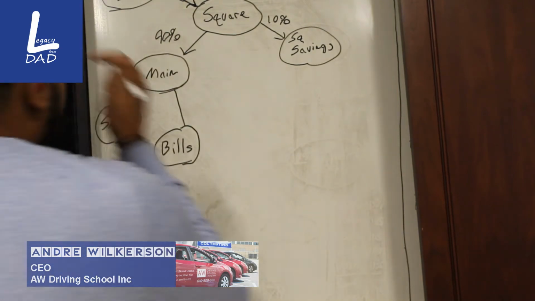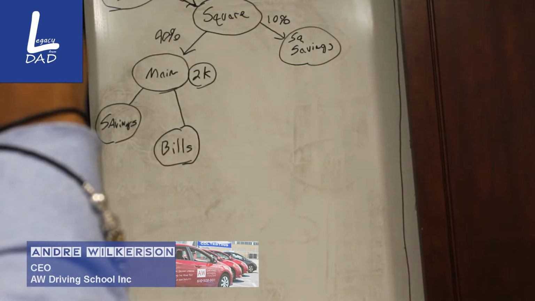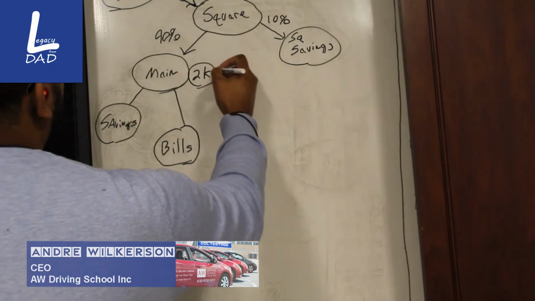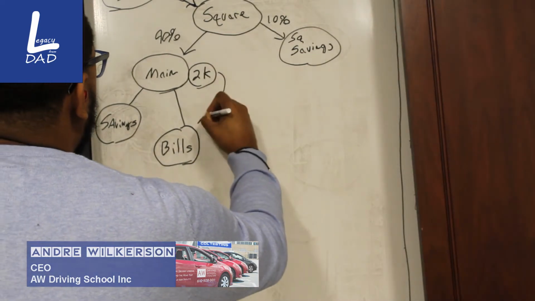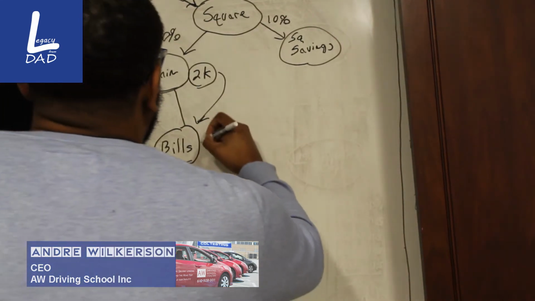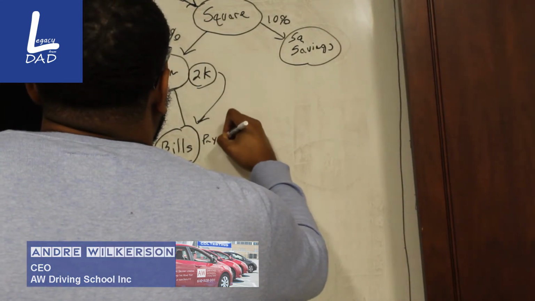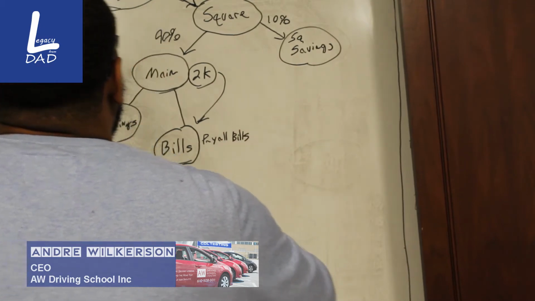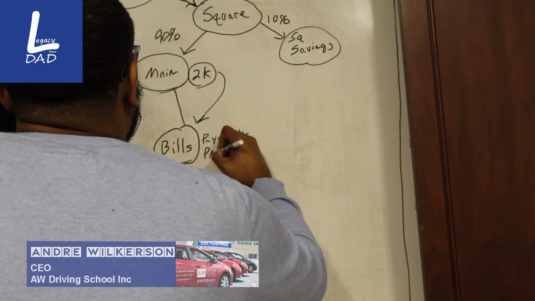Okay, so from here, on Wednesday, anything that's over $2,000, I move over to the bills account. So there I pay all my bills, and I also run payroll.